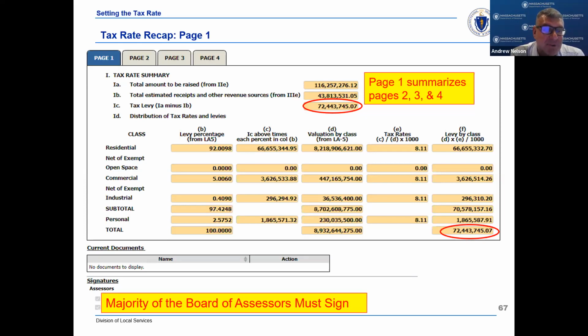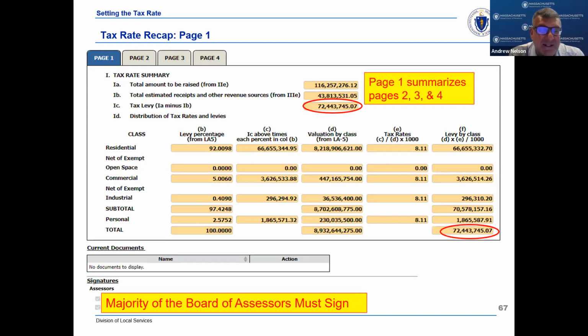Industrial is less than 0.5%, and the personal property is just about 2.6%, but they all pay the 811. If you have a single tax rate community, that number in column E is always going to be the same. It will vary and it moves depending on what shift you vote, if you have a split rate, and what types of exemptions you accept and all of that. But those are things that you work out with BLA as you're going through their process.